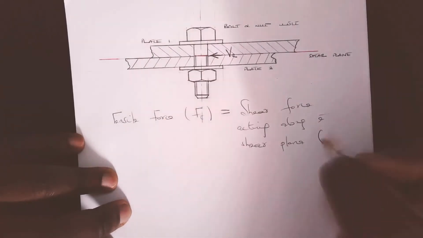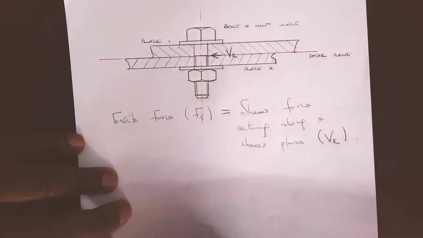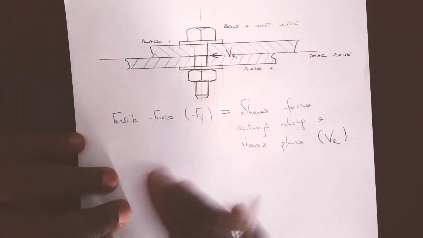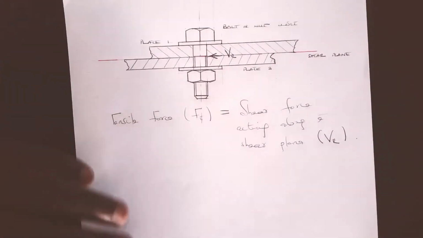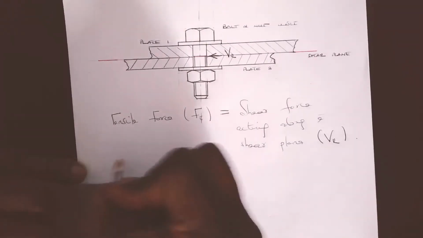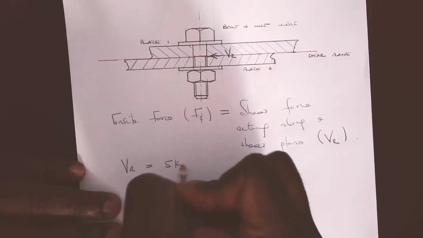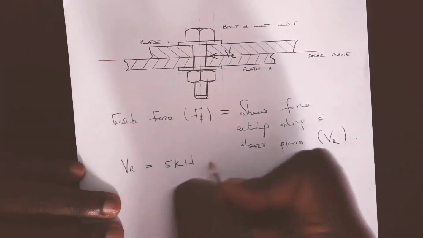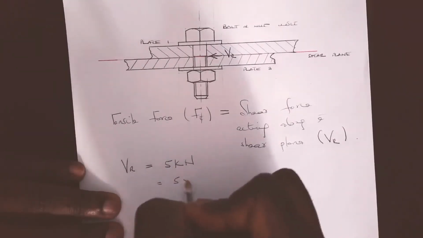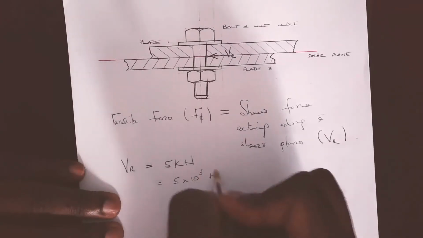We call that VR, okay? That measure of force will be the same as the tensile load pulling the plate. That's been given, so VR is equal to 5 kilonewtons, which is the same as 5,000 newtons.